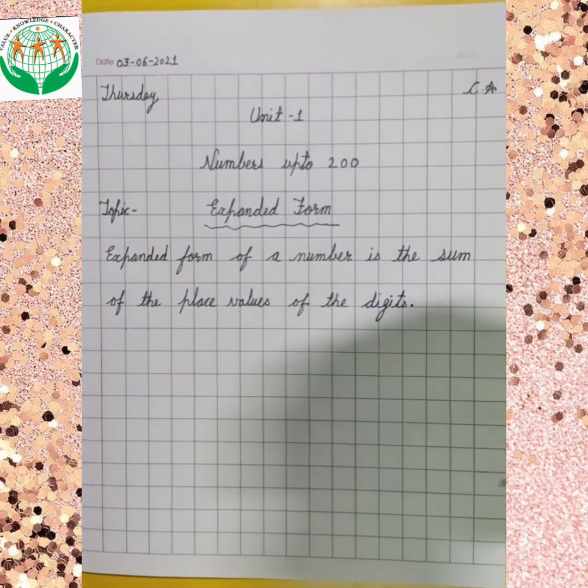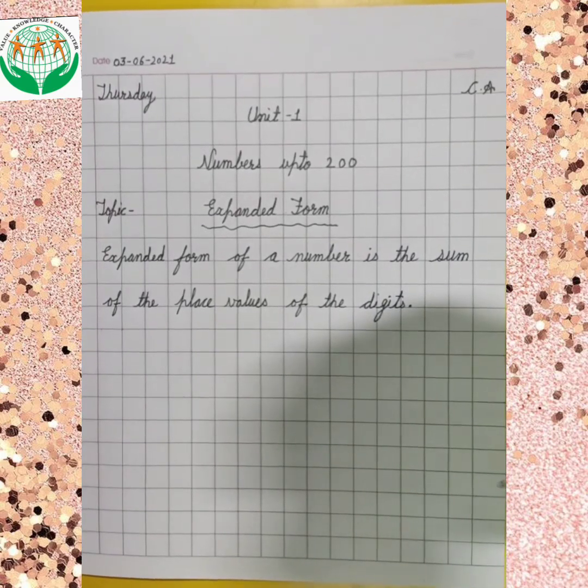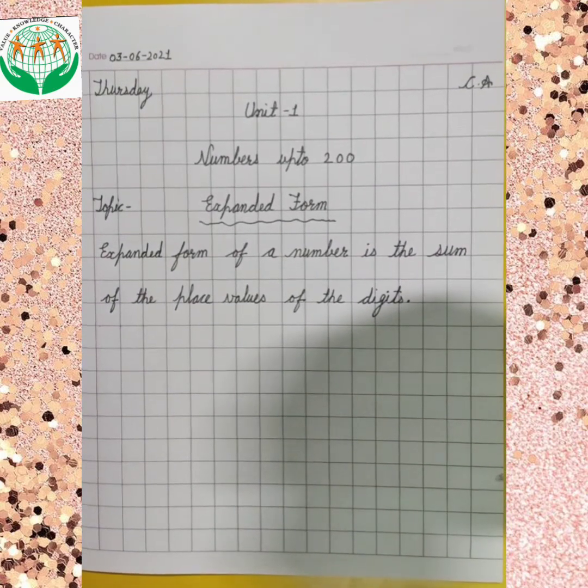That means beta, expanded form of a number is the sum of the place values of the digit.